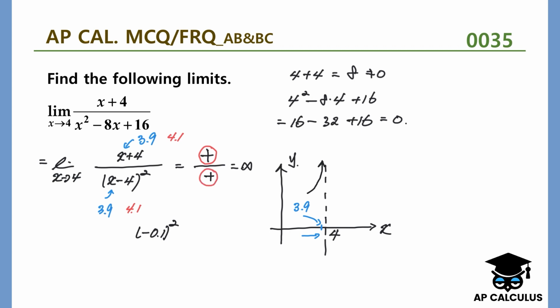Again, positive over positive, so that's positive. So from right hand side, the function approaches positive infinity. From left hand side, the function approaches positive infinity, and from right hand side, also positive infinity. So the answer is positive infinity. All right?